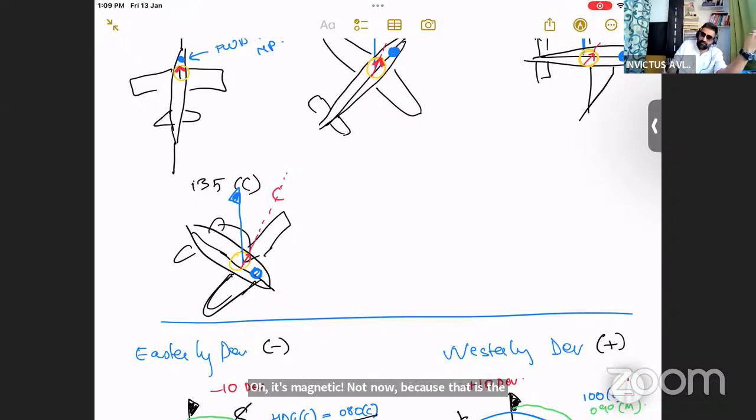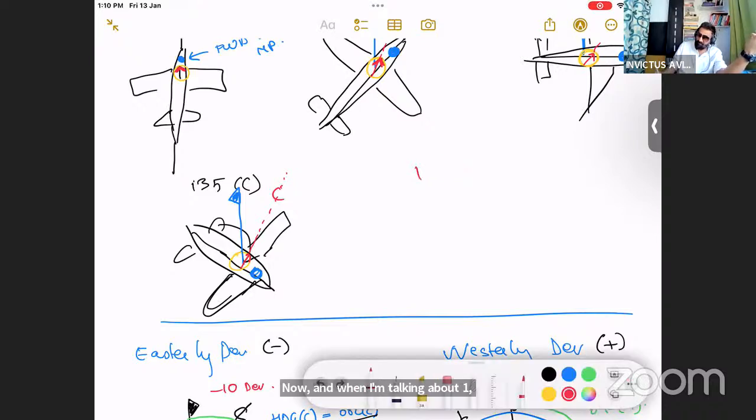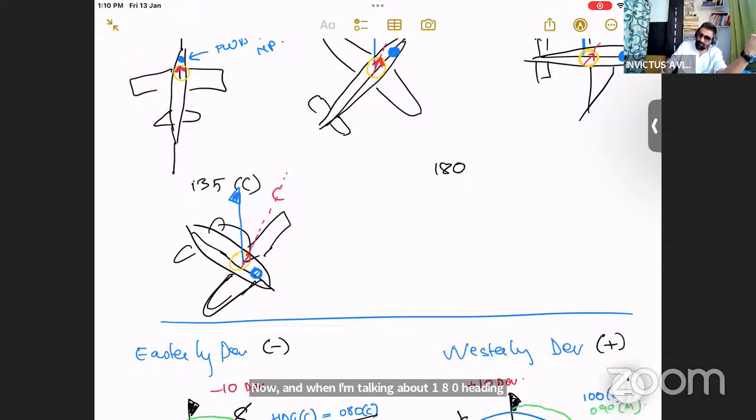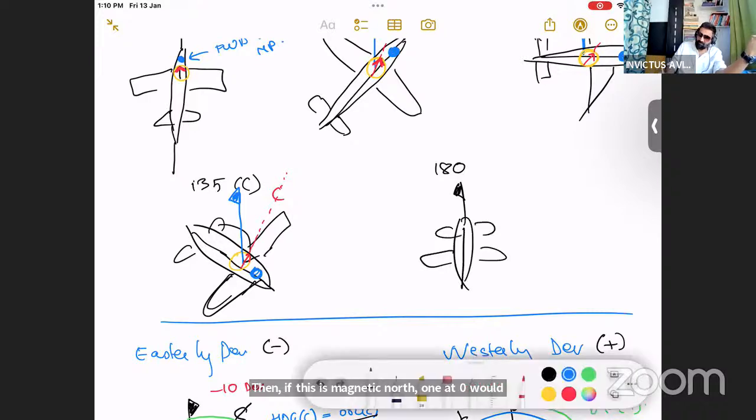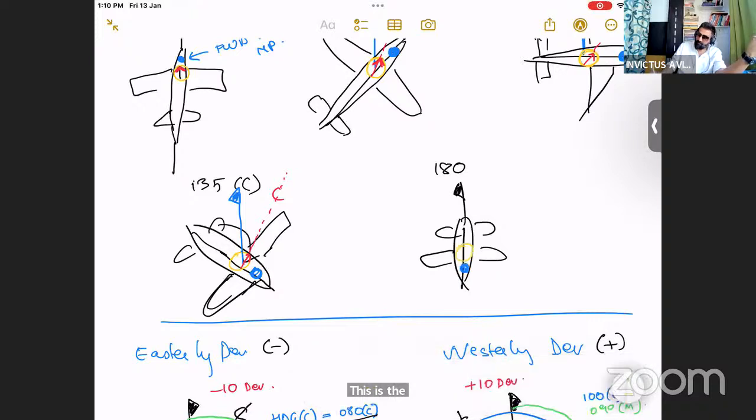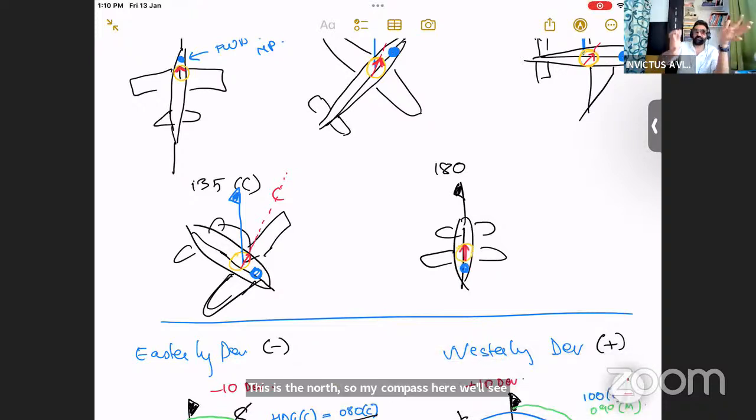And when I'm talking about 180 heading, if this is magnetic north, 180 would be this. So my compass here will show magnetic north directly, straight.